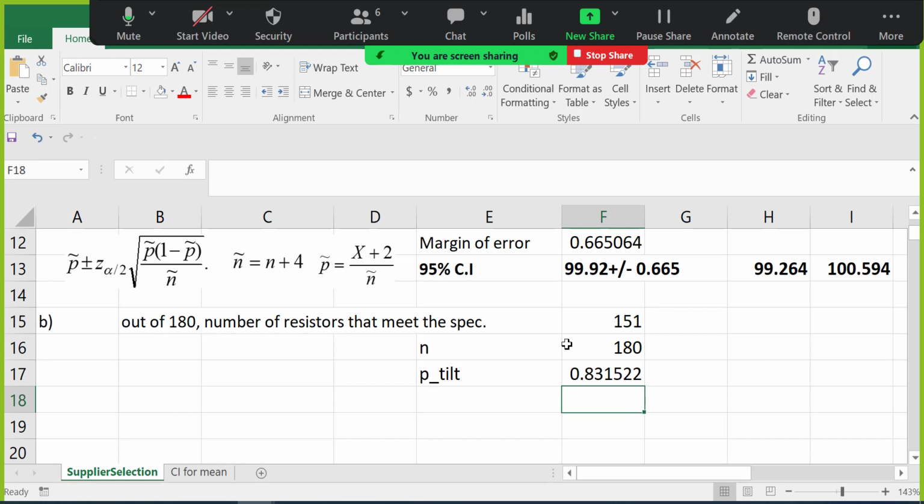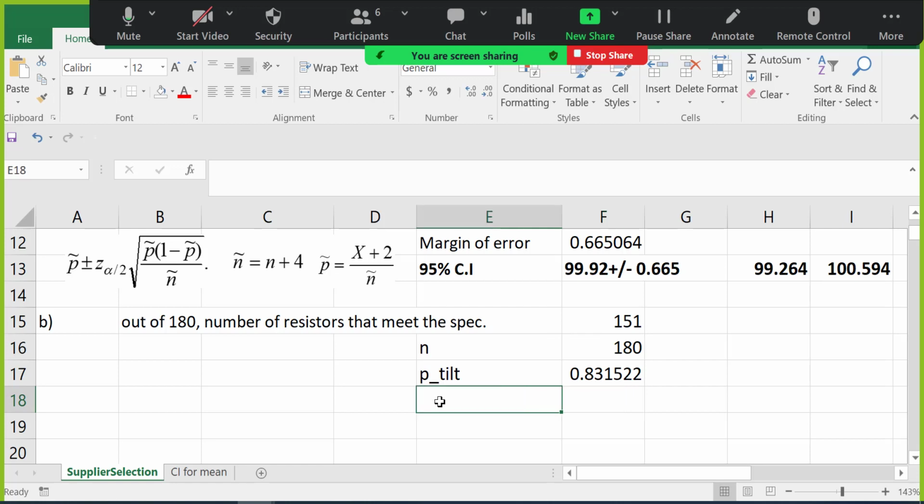Since the sample size is so large, not big difference, you use p tilde or p hat, the classical one. If you take p hat, you just use x over n. So with a large sample size it's quite close.